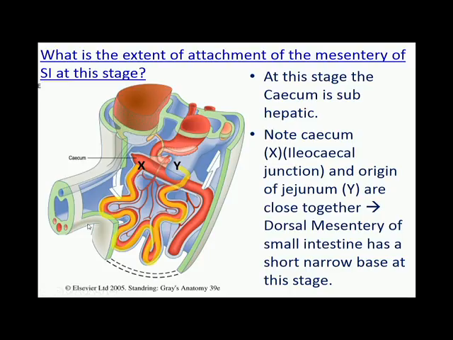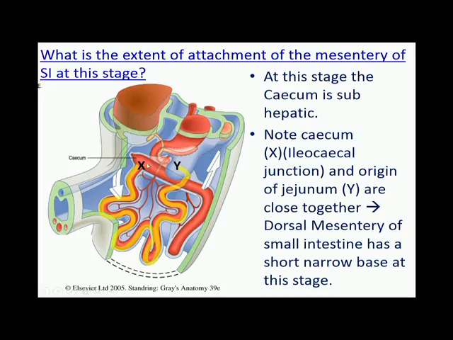Now we can see, initially this is the duodenojejunal junction, the start of the proximal part of the midgut. And this point was initially here in the midline. So it rotates 90, 180, 270. Now because of that, you can see the midgut loop is this. Initially it was attached from there to here. It has a wider attachment.